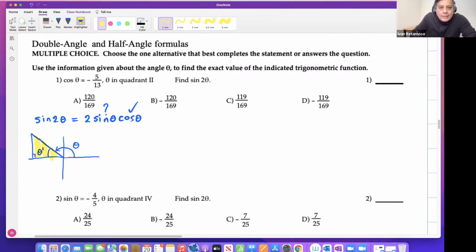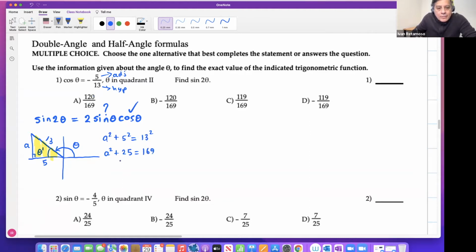So now they're saying that cosine is 5/13, right? Remember, cosine is adjacent over hypotenuse. So adjacent should be 5, hypotenuse should be 13, in this triangle that we made up. We don't have this side, let's call it A, but it can be found using the theorem of Pythagoras. A squared plus 5 squared is equal to 13 squared. A squared plus 25 equals 169, which is 13 squared.